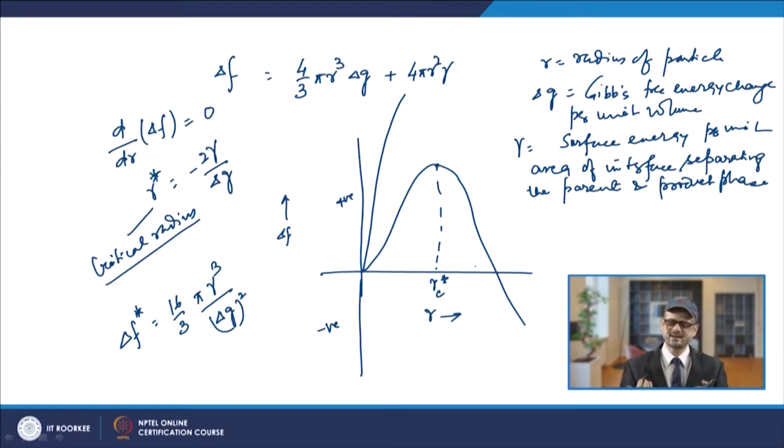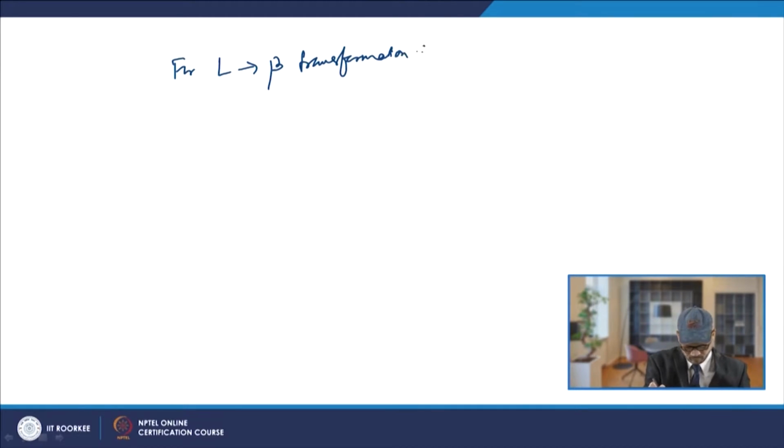There are other expressions also for, suppose, the liquid to beta transformation. So, if you talk about the liquid to beta transformation, you have another simplified relationship that holds good: delta G equal to delta H into (Tm minus T) upon Tm.